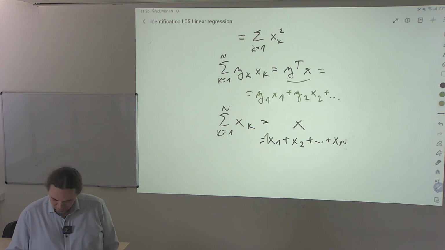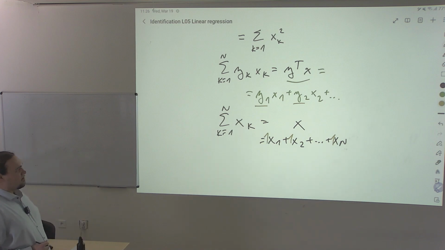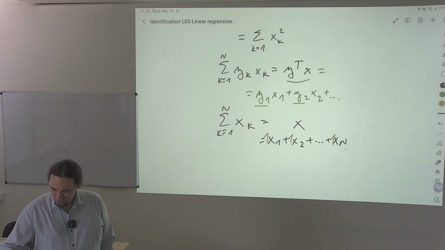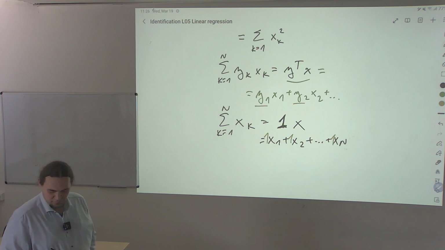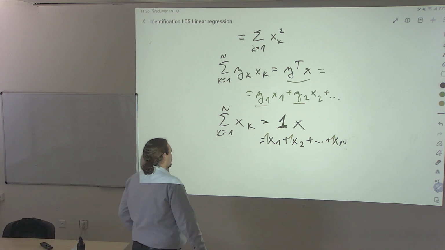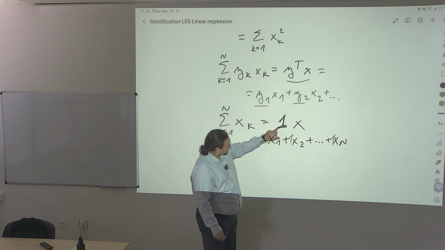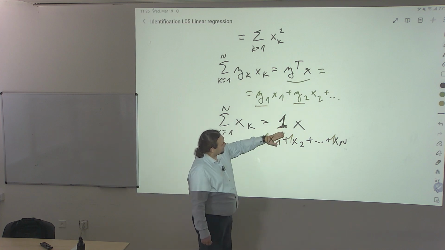Yeah, there is 1, 1, 1. So if these y's are the ones, we just take a vector of ones, so that it will have this kind of support.